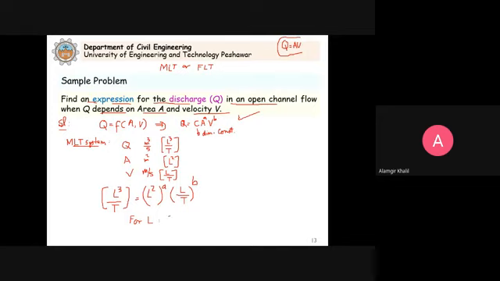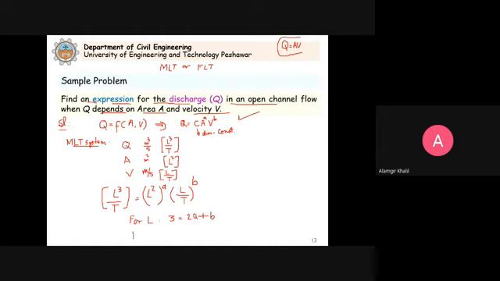So we write down 3 on the left-hand side, and this must be equal to 2a plus b. This is the dimensional homogeneity.